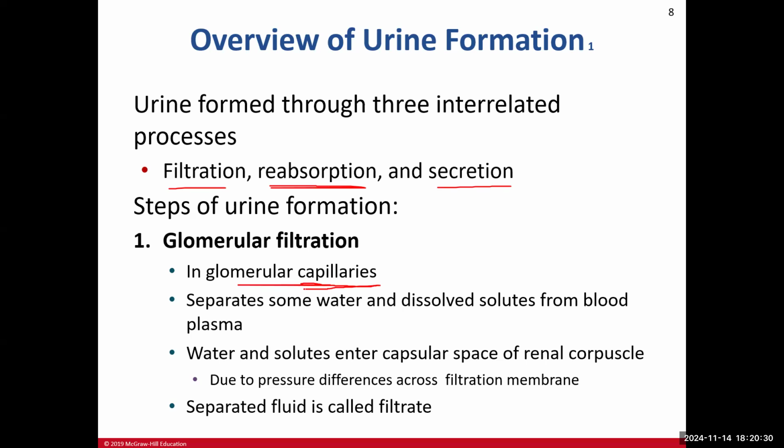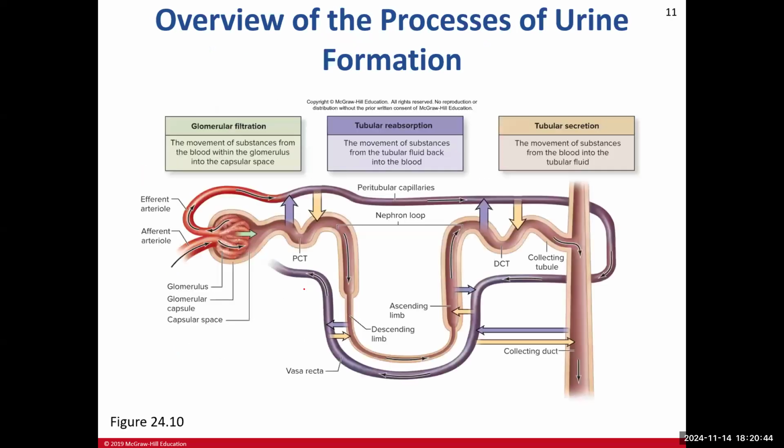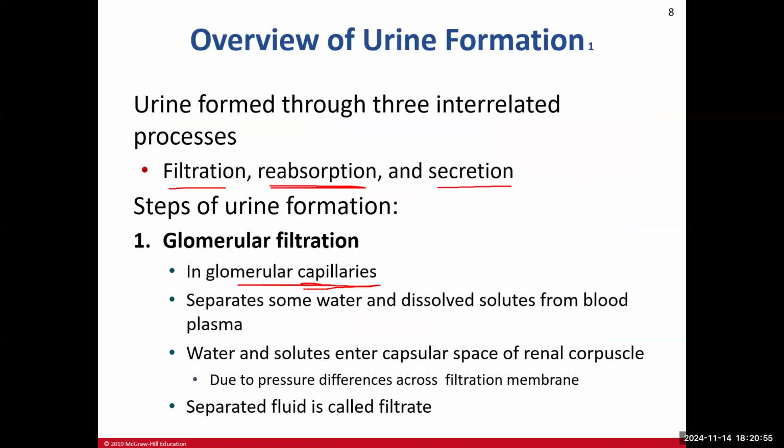So you have the afferent, with an A, arteriole, that moves into Bowman's capsule, and you'll see these loops of capillaries. Here you can see the afferent arteriole moving in, and you have these loops of capillaries. So that is where we're going to see the first step.